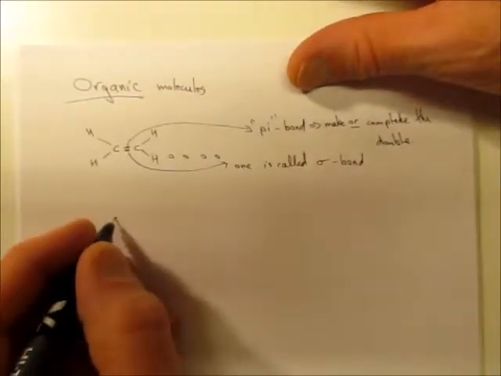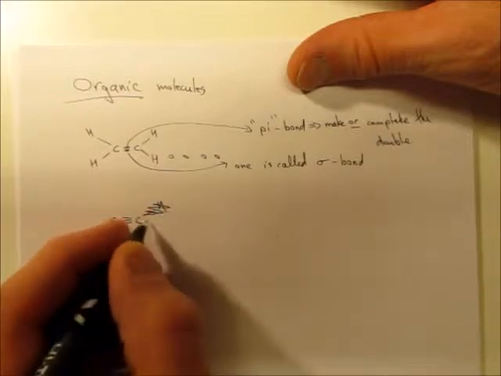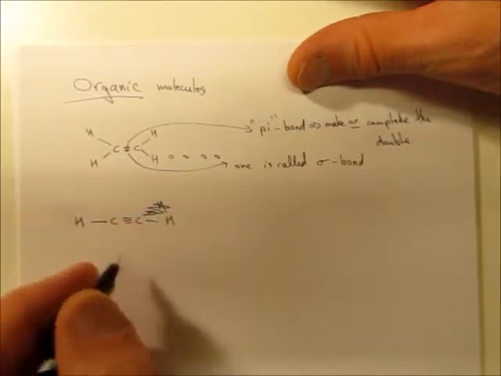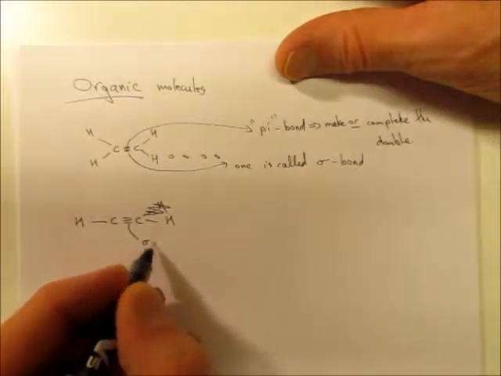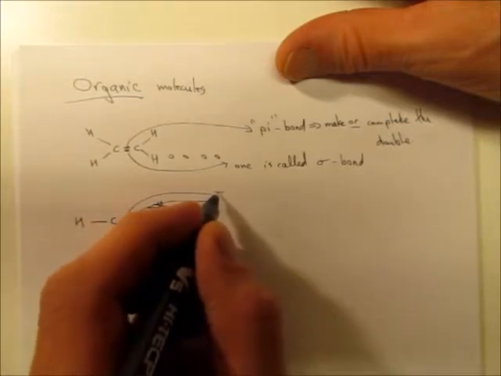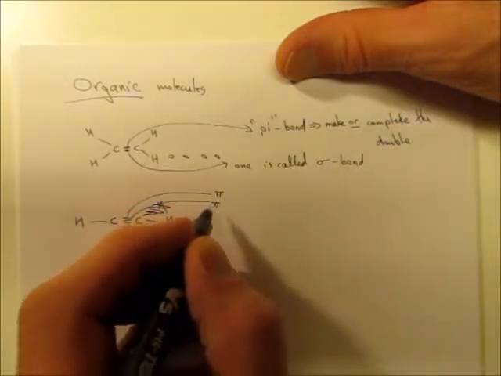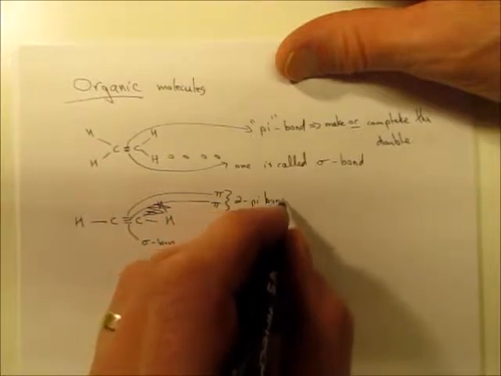And even if you had a molecule like this, a triple bond one, one of these sticks is still the sigma bond, and then these other two would be called pi and pi. So there are two pi bonds.